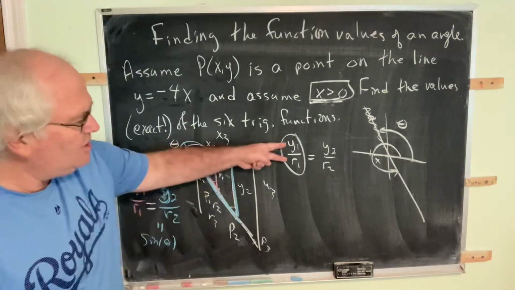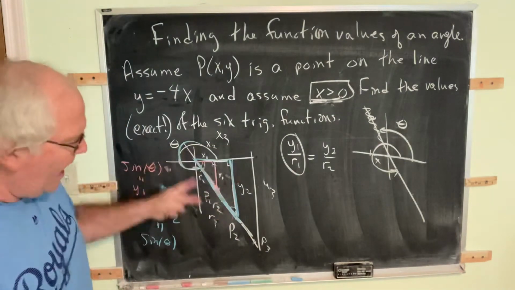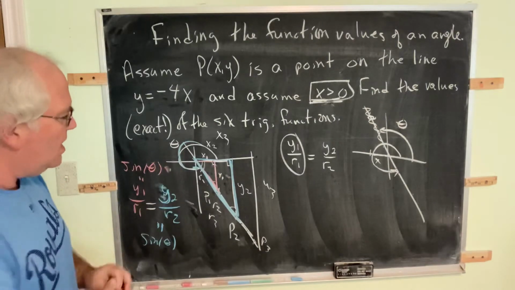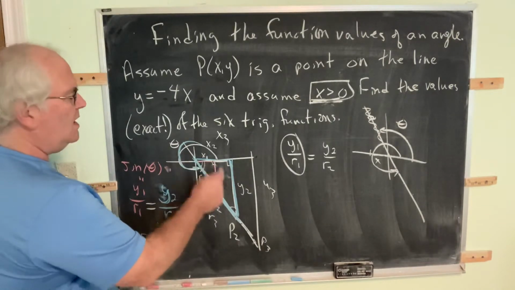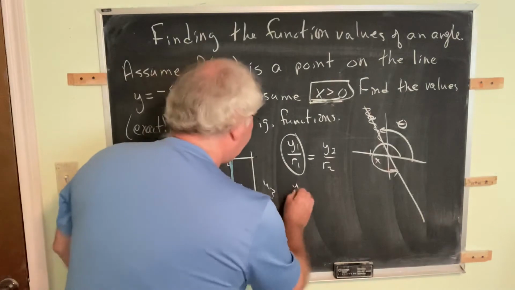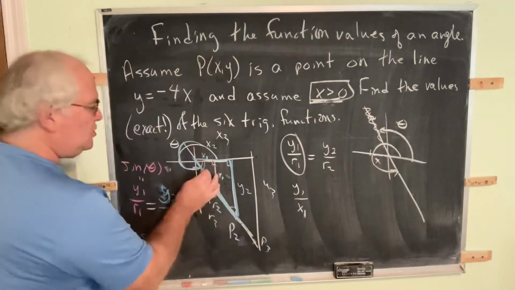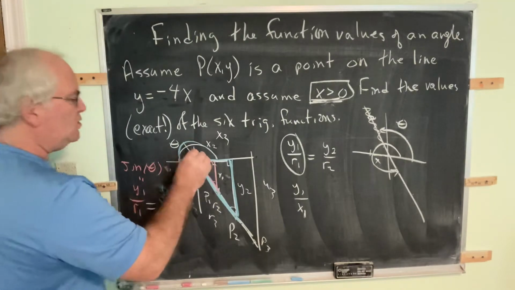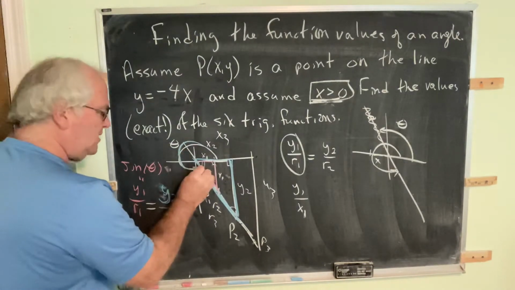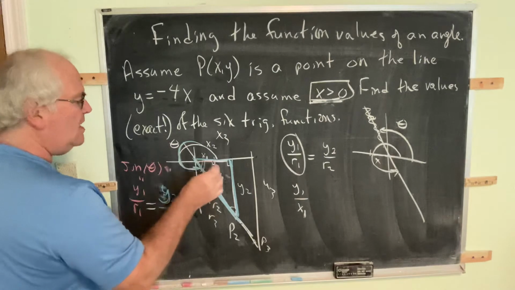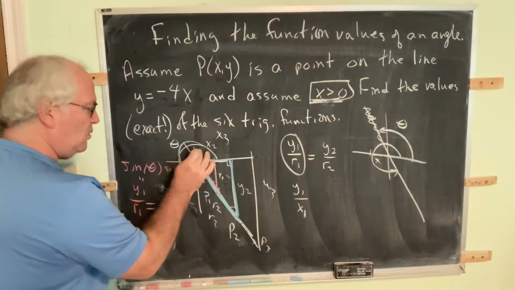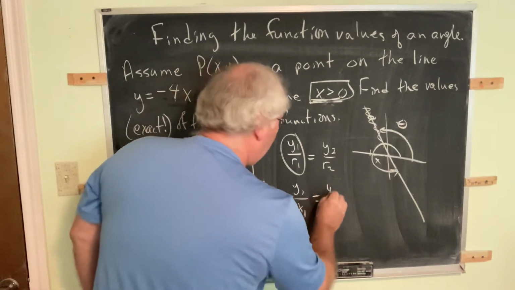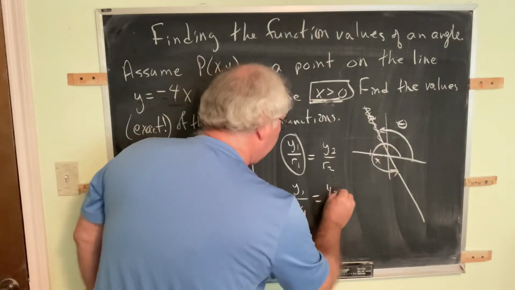And there's nothing magic about y1 over r1. Pick any two sides of this small red triangle. Suppose I pick y1 over x1. Well, in the red triangle, that's y over x. That's tangent. So tangent of theta in the small red triangle would be y1 over x1. But because of similar triangles, that's equal to y2 over x2.